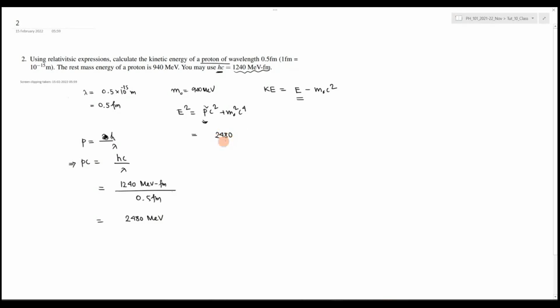This is just substitution now. 2480 square plus 940 whole square MeV square. If you take the square root of this quantity, E will come out to be equal to 2652 MeV. Now you know E, so finally you will get the kinetic energy. You just substitute it. The kinetic energy will come out to be equal to 1712 MeV. Straightforward, right?